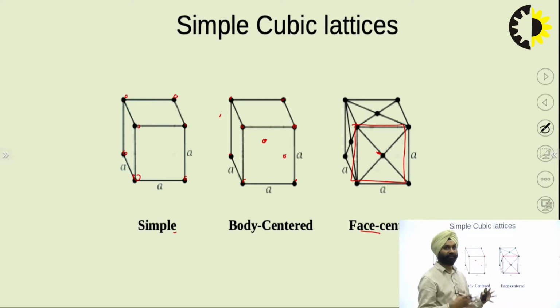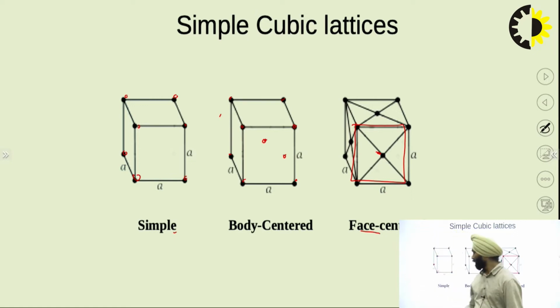Similarly, there are different faces: 1, 2, 3, 4, 5 and 6. So there are 6 extra atoms in this face centered lattice structure. The simple unit cell and the face centered cell have different kinds of structures, as we can see from the different arrangements of the atoms.